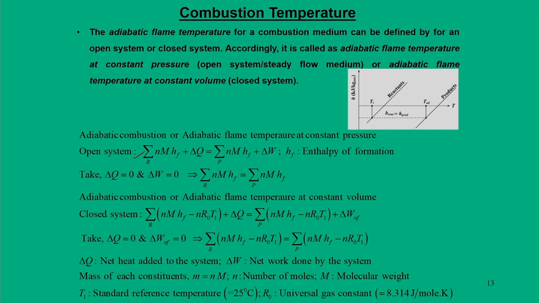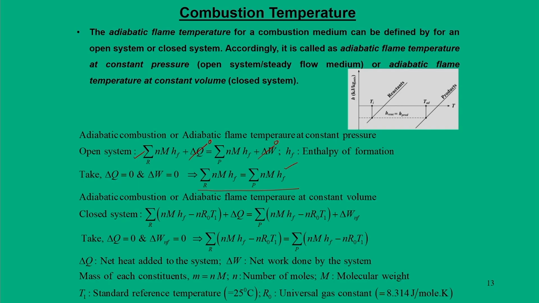By setting these two values to 0, we write the equation like this, and when the enthalpy of reactants and products are equal, whatever temperature rise can happen within the reactor, we call this the adiabatic flame temperature or adiabatic combustion temperature at constant pressure.